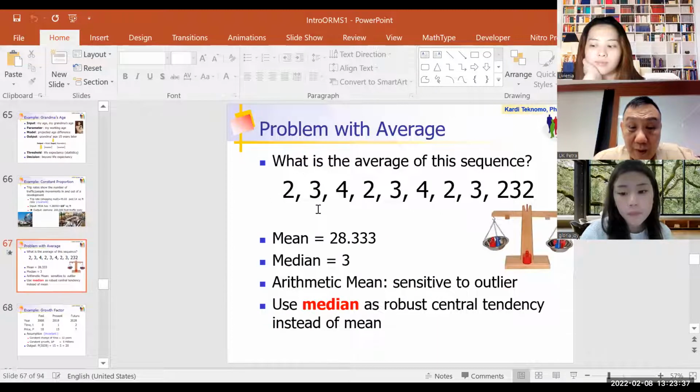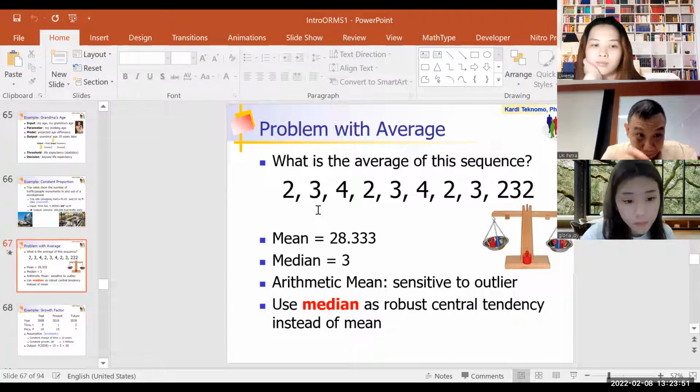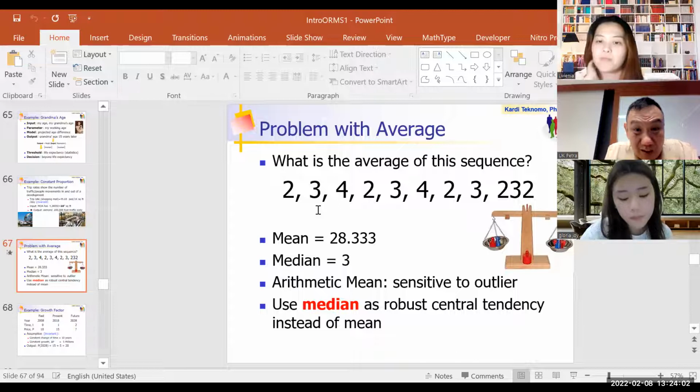Now, here is the problem with the average. I have this data: 2, 3, 4, 2, 3, 4, 2, 3, and then the last ones are 2, 3, 2. Clearly, the last data is an outlier, because all the other data is 2, 3, and 4.